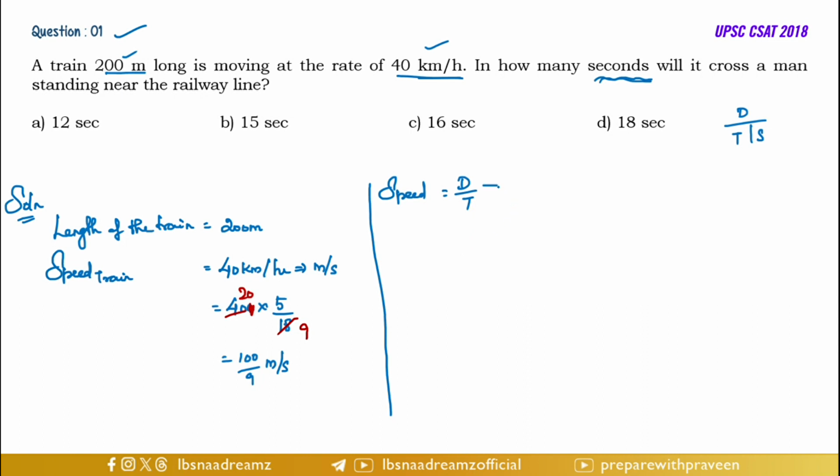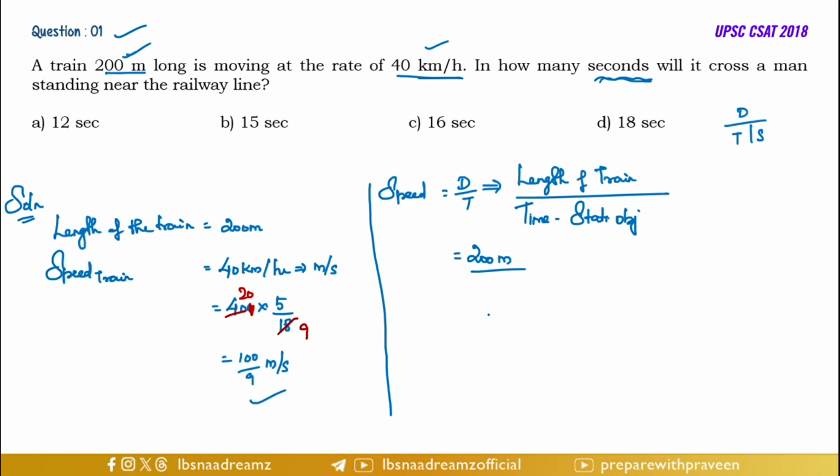Which is equal to length of the train divided by time taken to cross a stationary object. Length of the train is equal to 200 meter divided by time taken, which is 100 by 9.